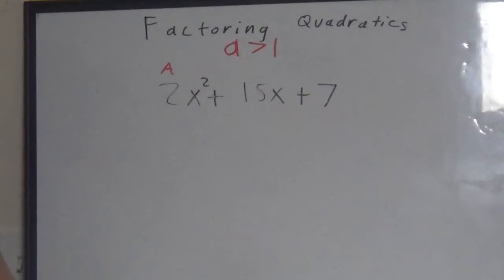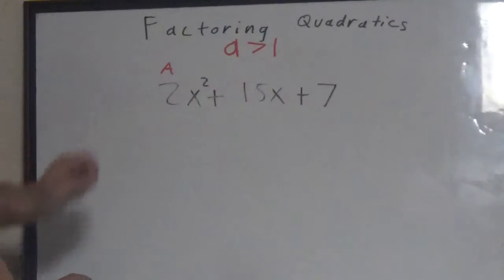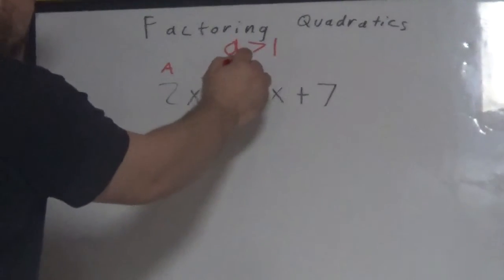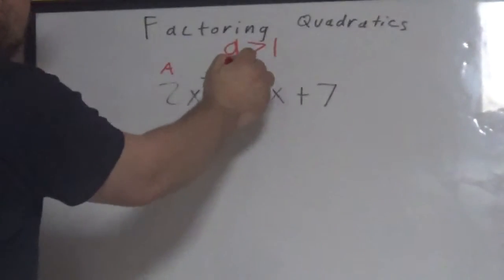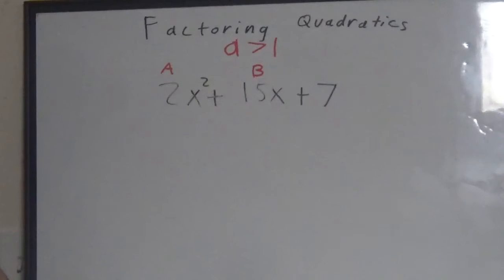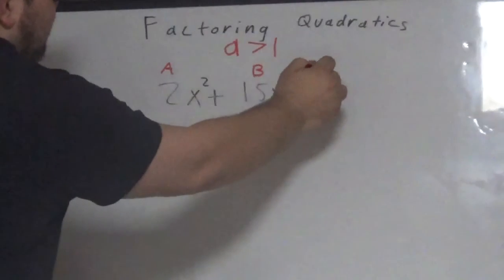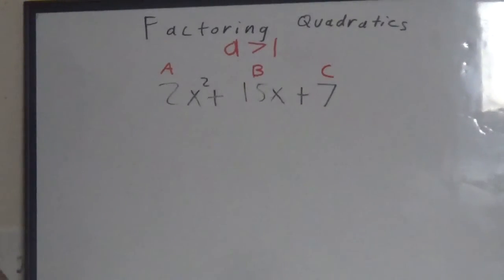Previously, there wasn't a number there because a equaled 1. Now that it's a number, we have to label that, and we have 2. The b value is the coefficient of x, which is 15 in this case, and c is the constant, in this case 7.